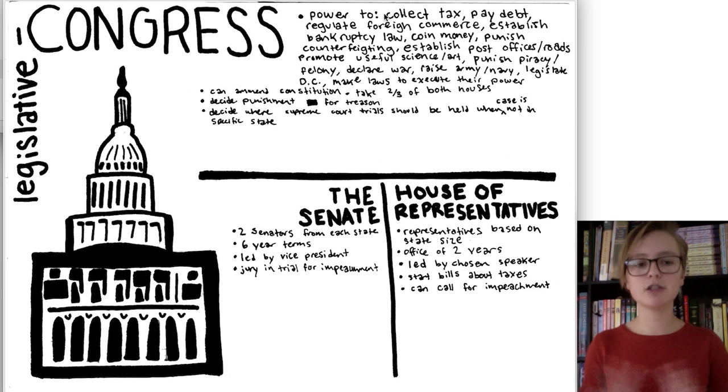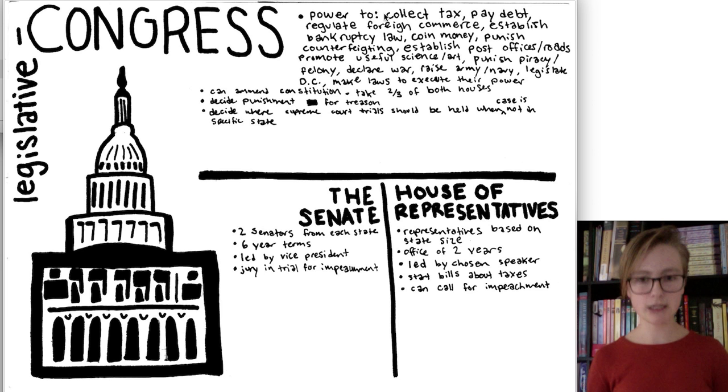But Congress is split into two houses. So there's the Senate and the House of Representatives. In the Senate, there are 2 senators from each state. So each state, regardless of size, has equal representation in the Senate. Senators serve 6-year terms, and they're led by the vice president.